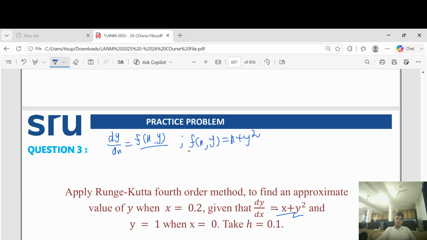These things are given, and the y value is y at 0.